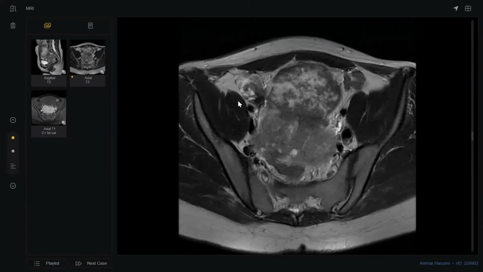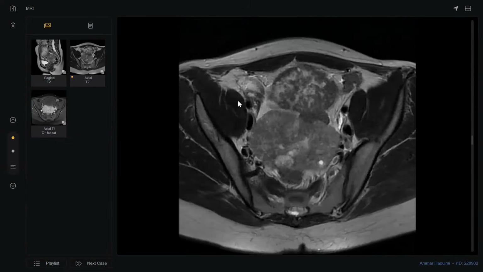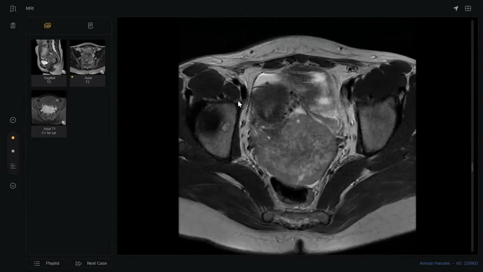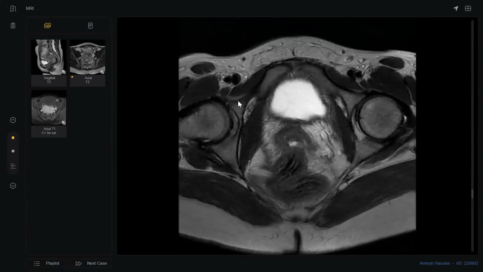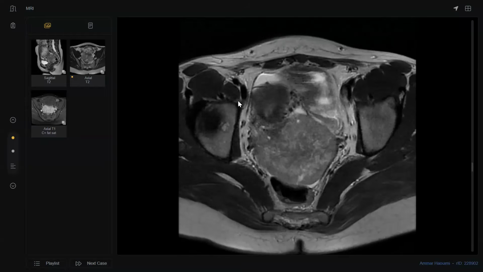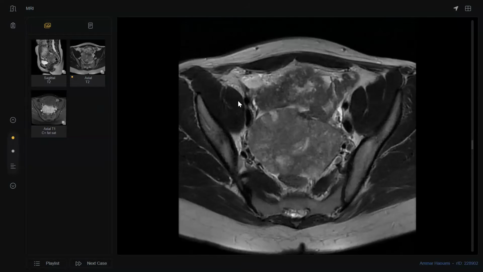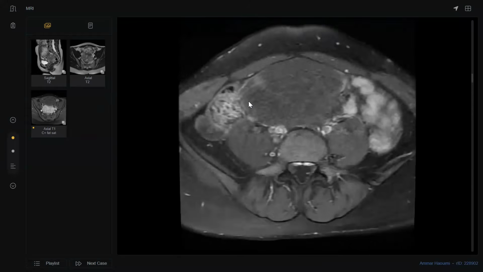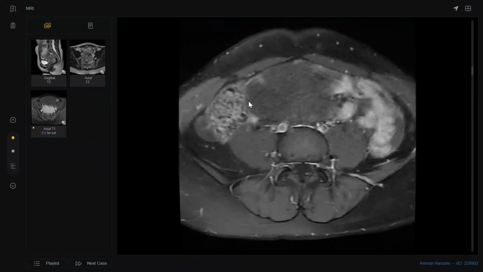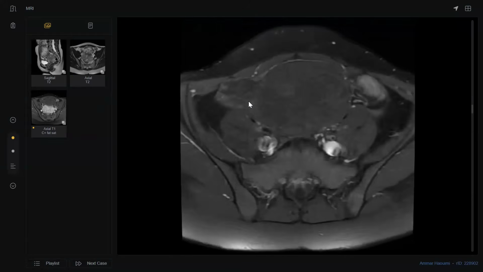Sir, most likely it can be due to Krukenberg tumors from some other primary, which can be the stomach and breast. Okay. What else? Look here. Very enlarged ovaries.